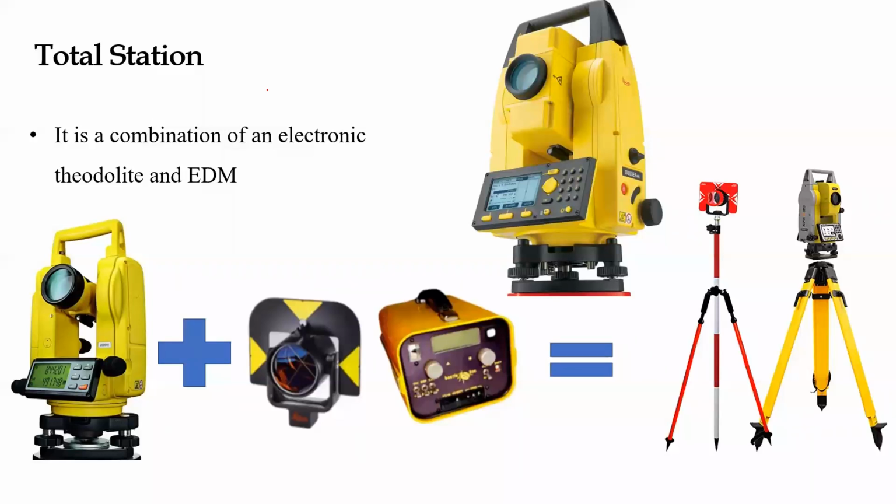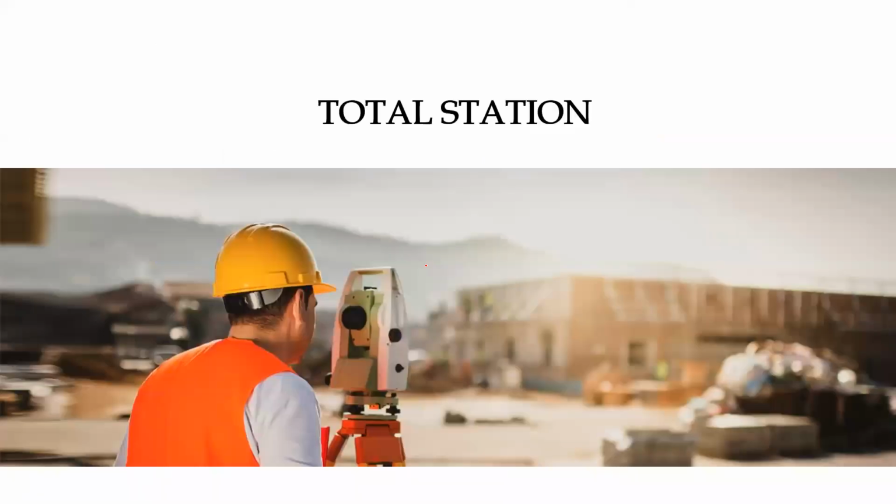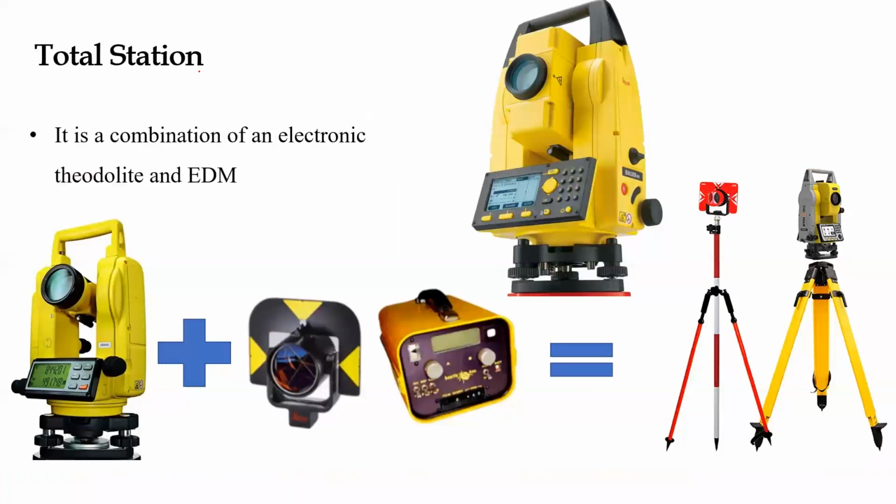And that picture was taken from your Google Classroom, from the survey class. Okay, so a total station is a combination of an electronic theodolite and EDM.